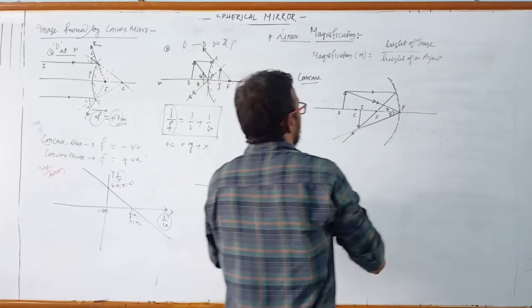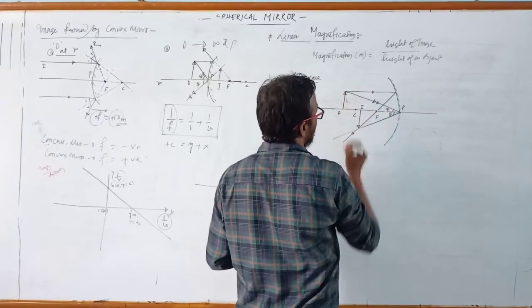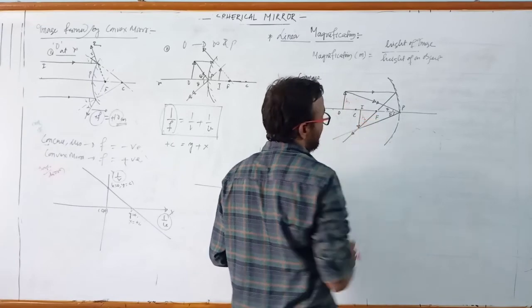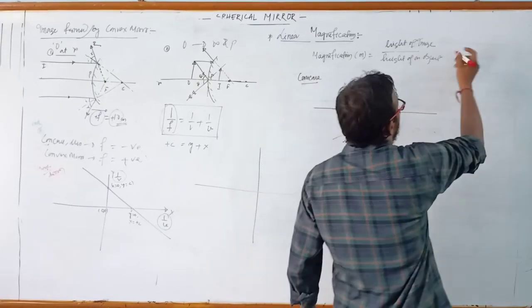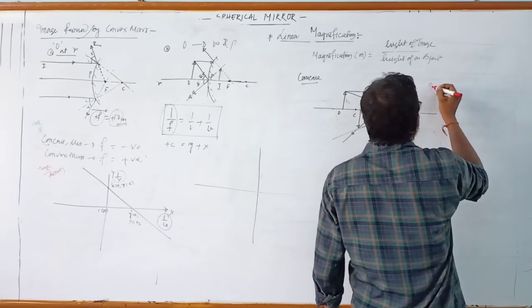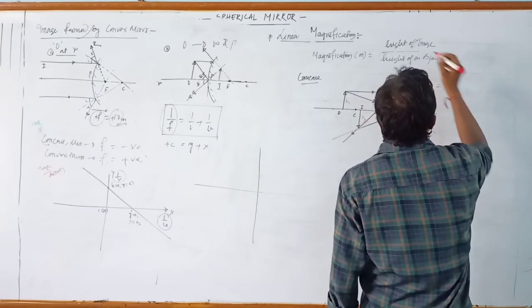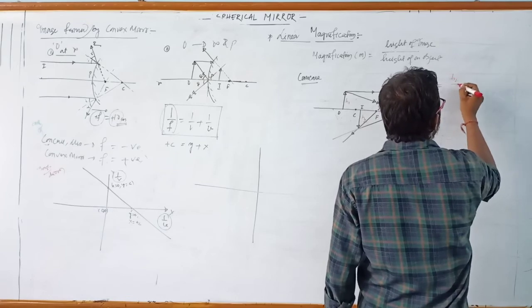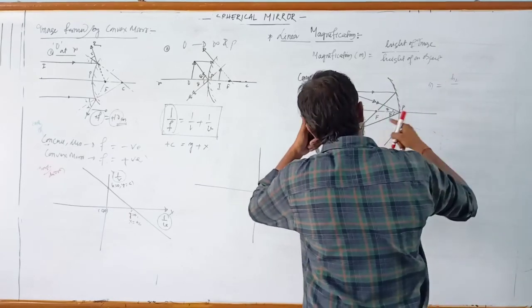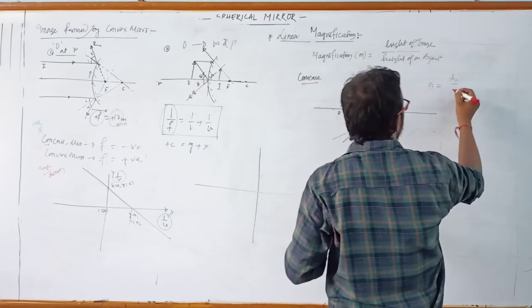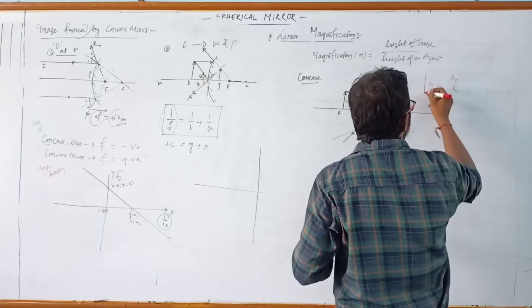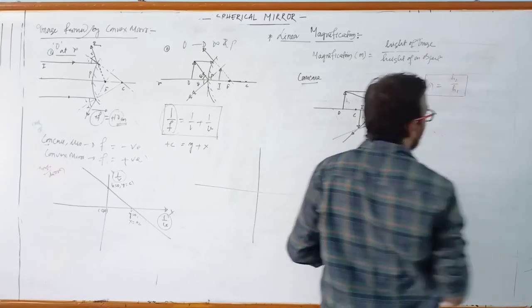Suppose here the height of object is h1, and the height of image is h2. So here magnification m in case of a concave mirror can be written as the height of image, h2, divided by the height of object, h1.